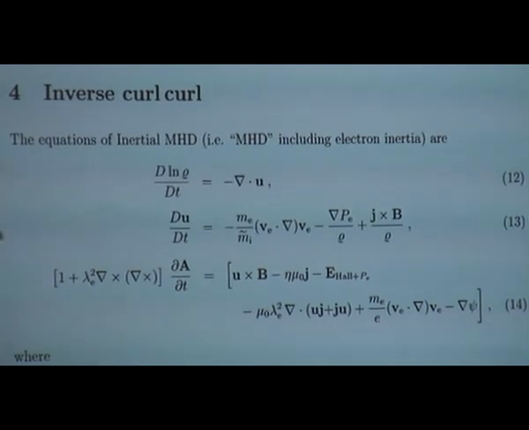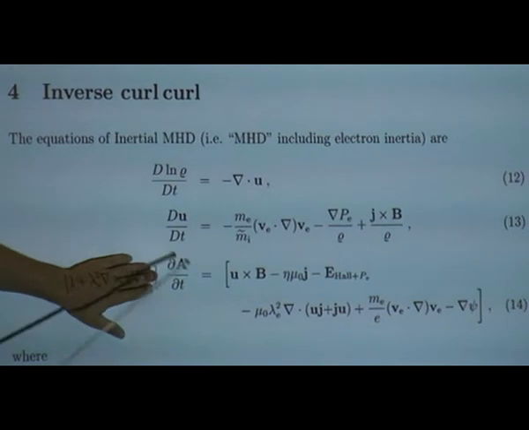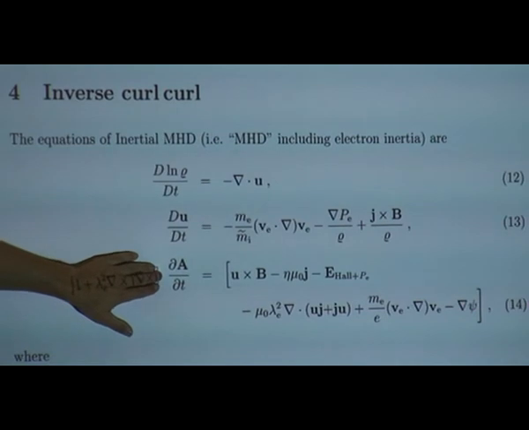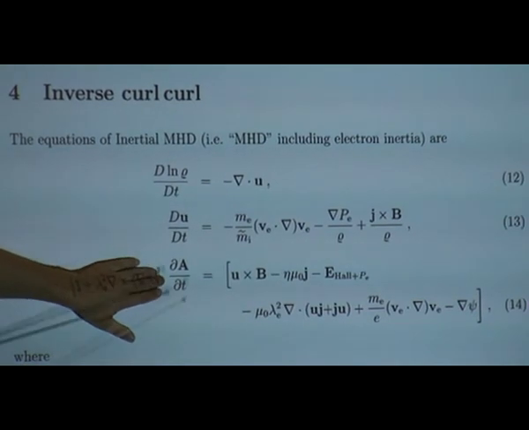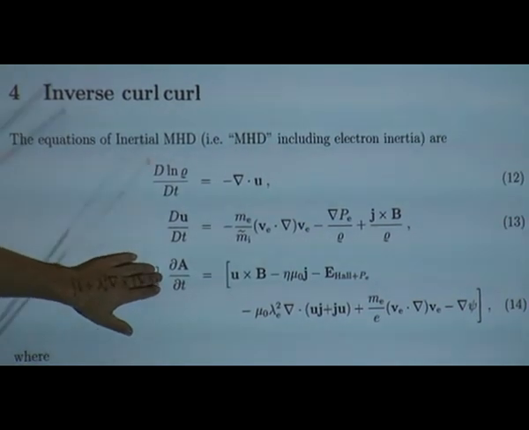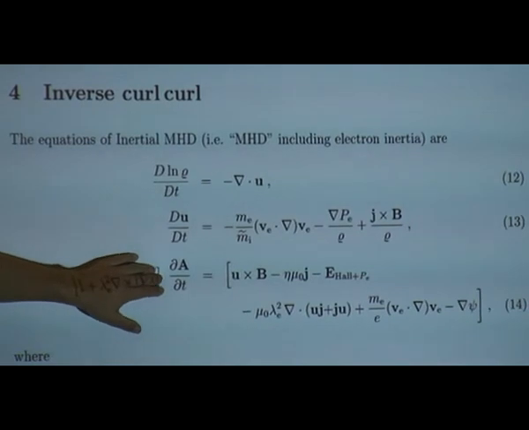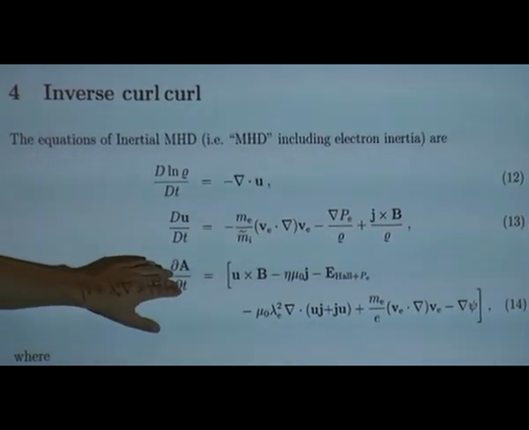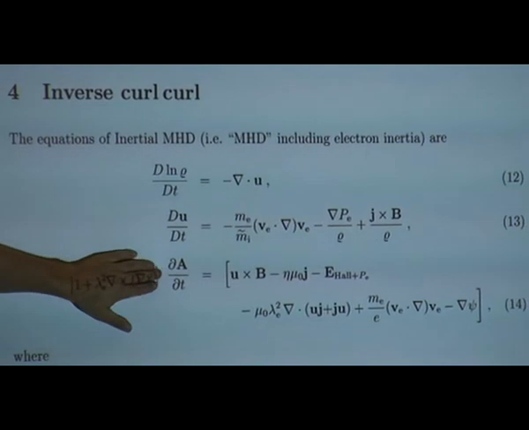And then for the induction equation, we have something quite similar to what we're using now, and it's very convenient to write it in terms of the vector potential. Here, you would regret not doing that. In classical MHD, many people probably are irritated that we use the vector potential because it's somehow more natural to use the magnetic field directly.